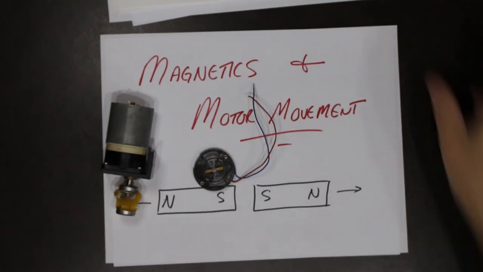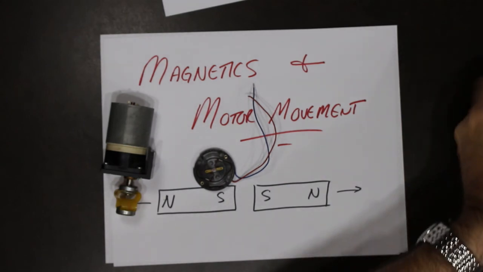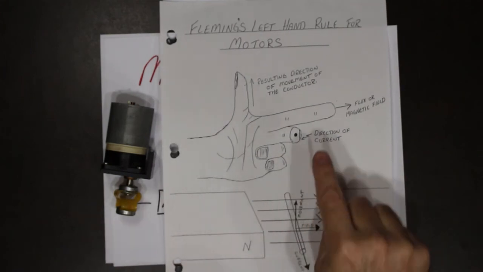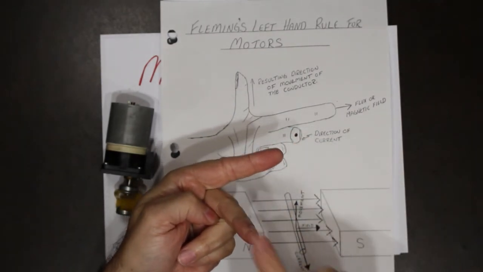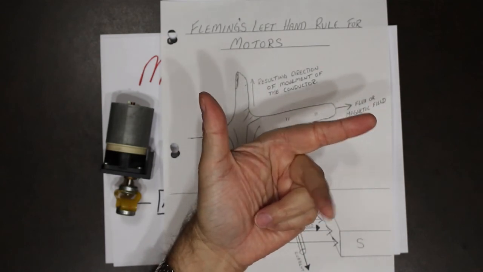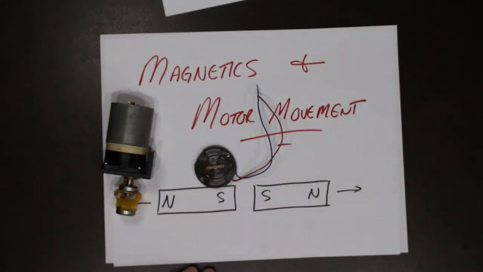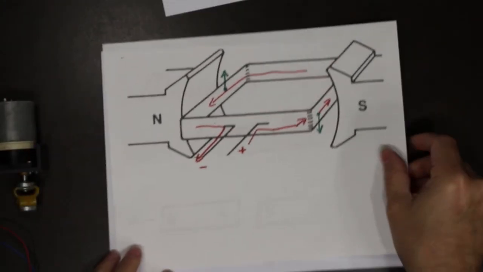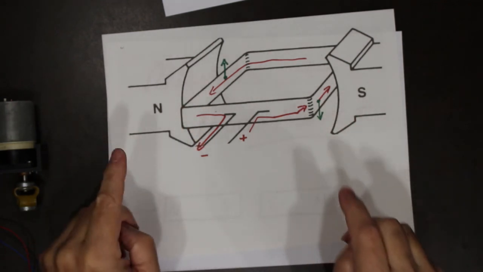All right, so what we have for today's lesson, we have Fleming's left-hand rule for motors. Again, when you have a given magnetic field and you know the direction of conventional current flow, you can determine the resulting direction of movement of a conductor through a magnetic field. When we look at it in terms of a loop inside a motor, we can determine which direction the motor is spinning.